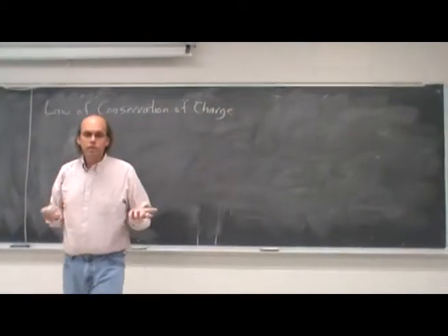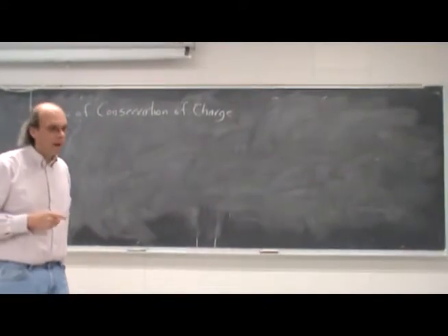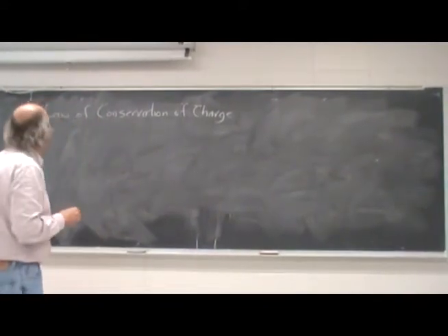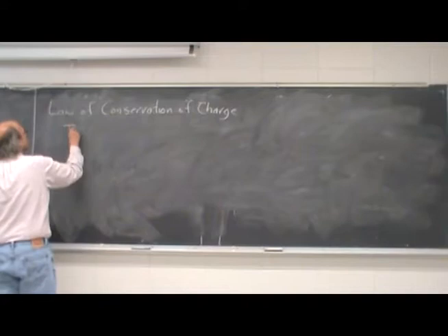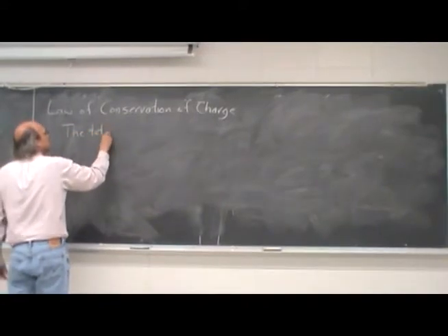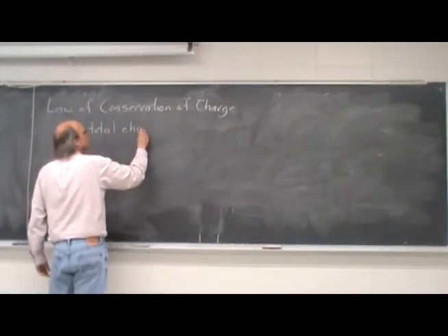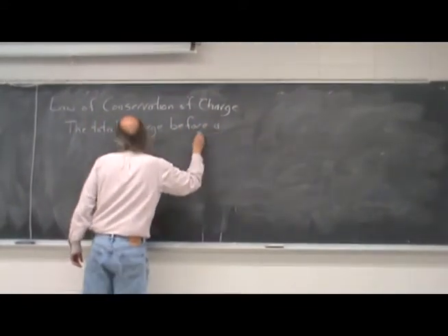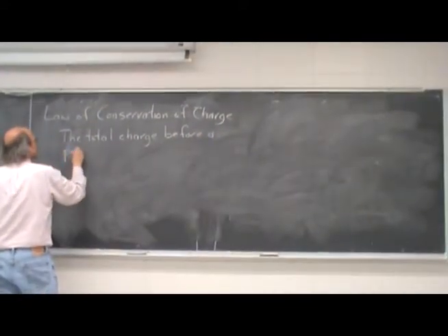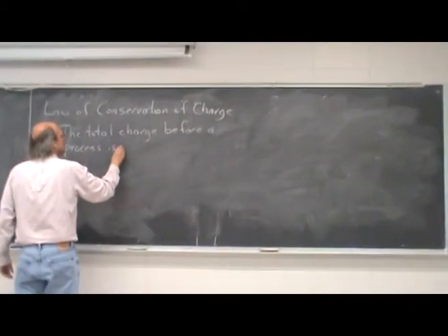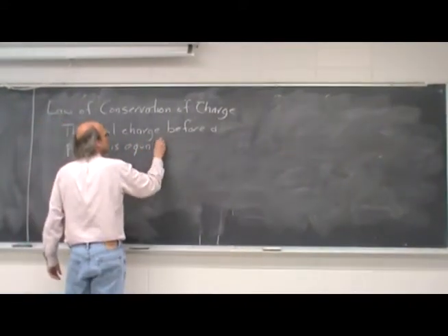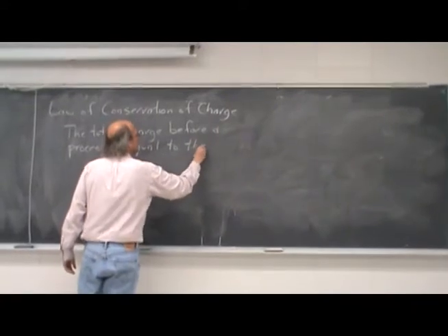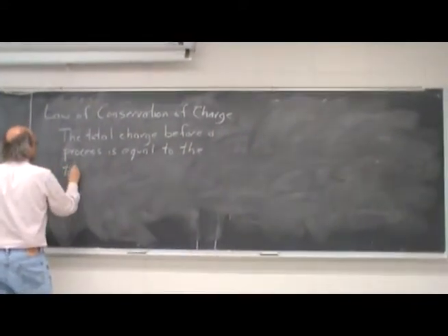And this just says the total charge before something happens is equal to the total charge after it happens. Or, the total charge before a process is equal to the total charge after.